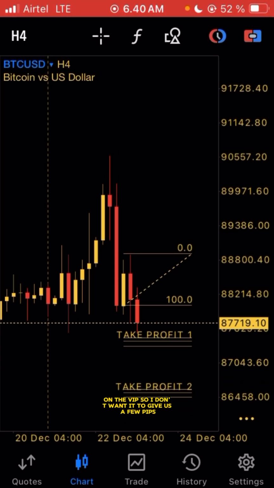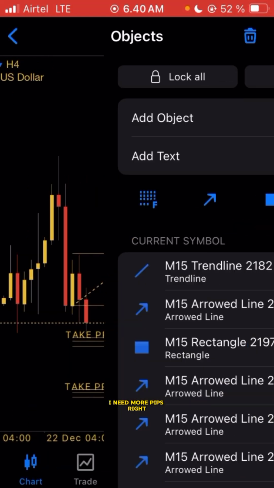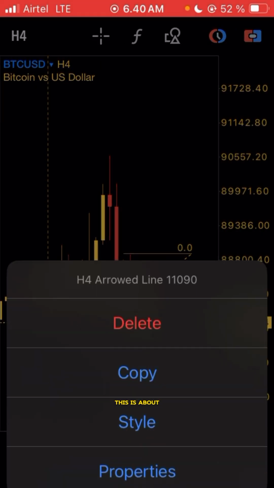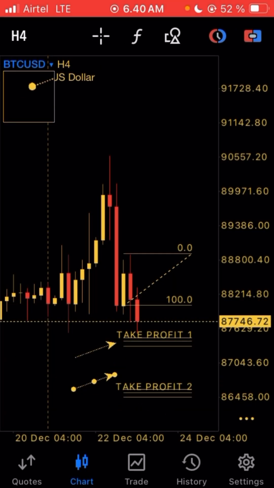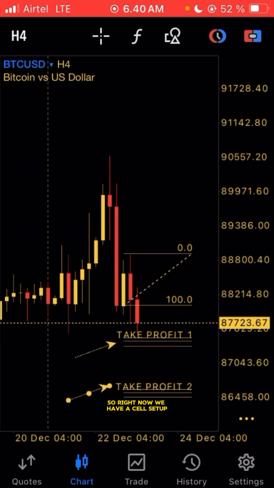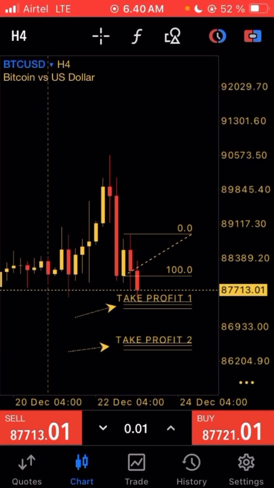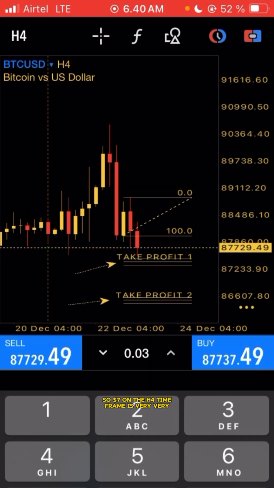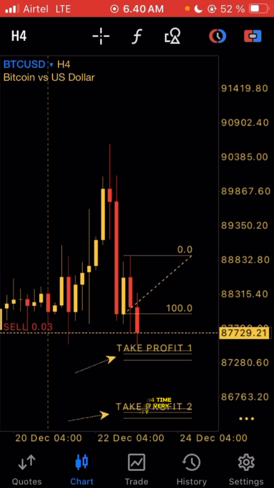I don't want it to give us a few pips. I need more pips, right? But this is not about pips right now. This is about sniper entry. Right now we have a sell setup, a sell bias, and this is on the H4 time frame. So $7 on the H4 time frame is very mighty.